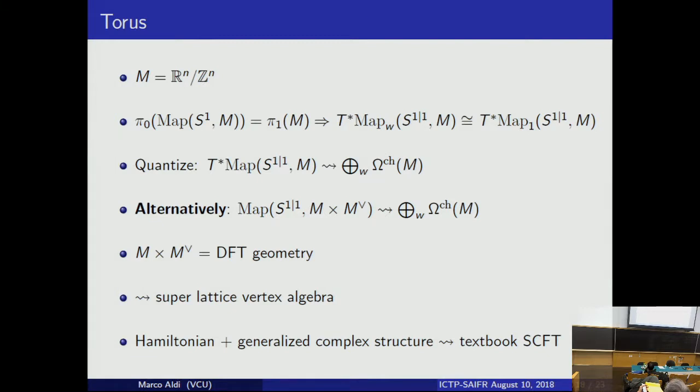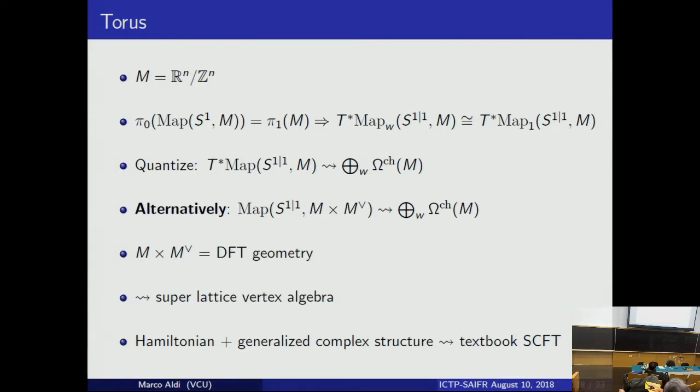The basic example is that of the torus. In this case, the winding components into which the loop space breaks are labeled just by the fundamental group. You don't have conjugacy classes because the fundamental group is Z^n, which is commutative. And then when you quantize, you get a copy of the chiral de Rham complex for each winding.